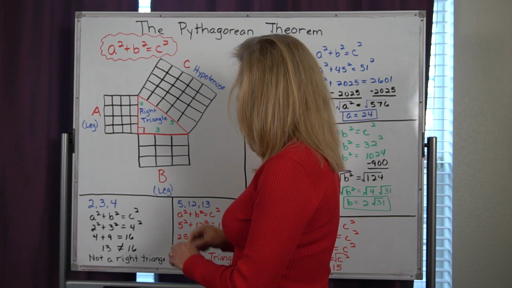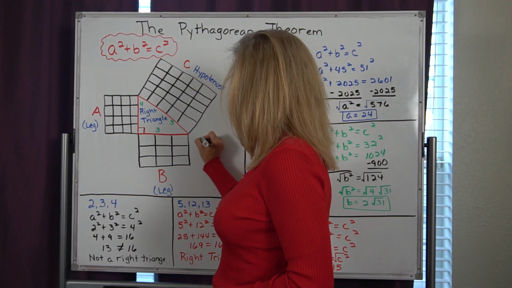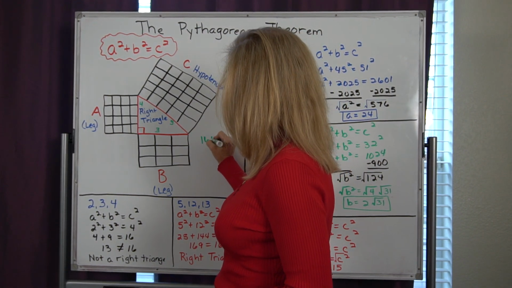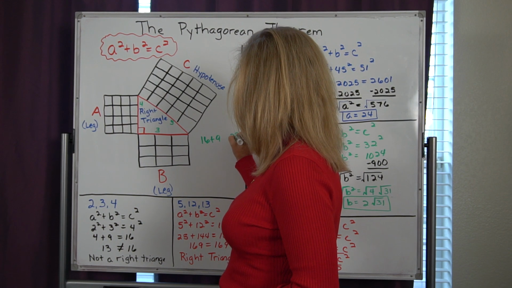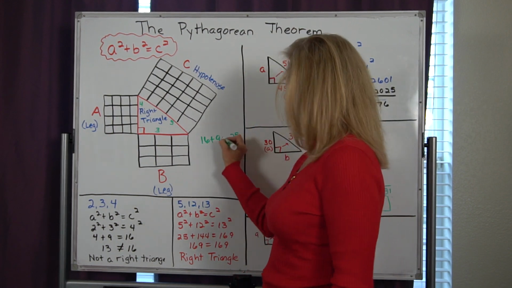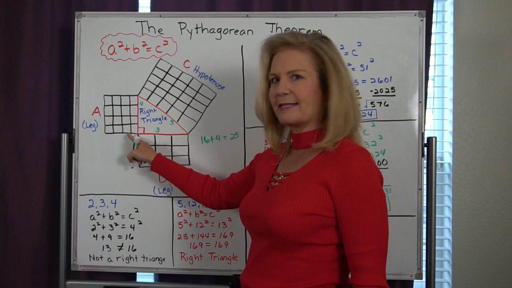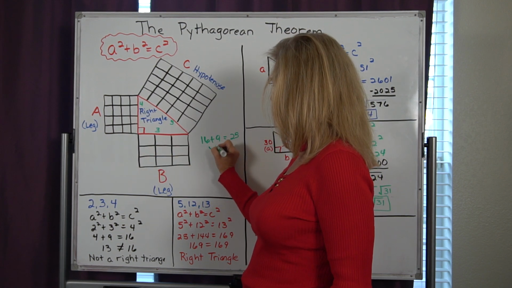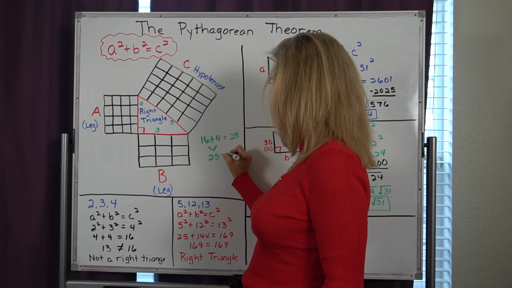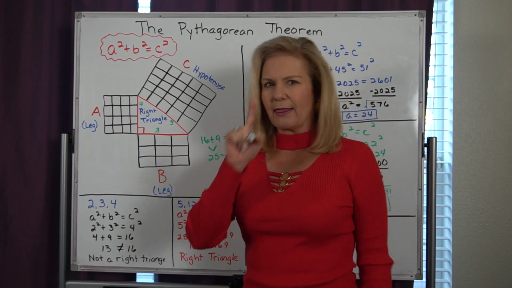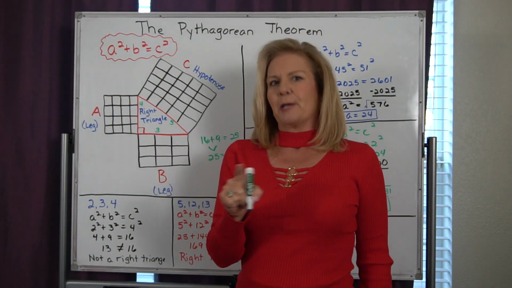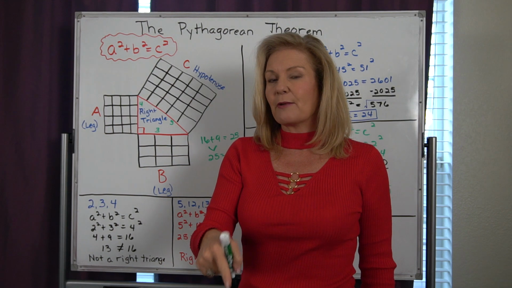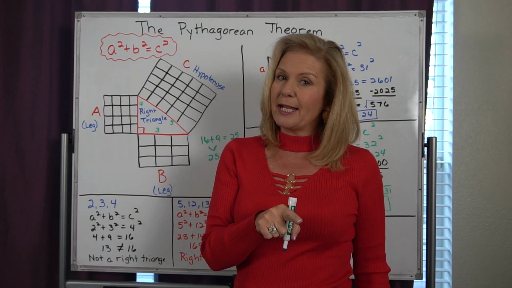And so when he took a look at 16 plus 9 and 25, he figured out that if you add this length and this length together, they equal the same amount.